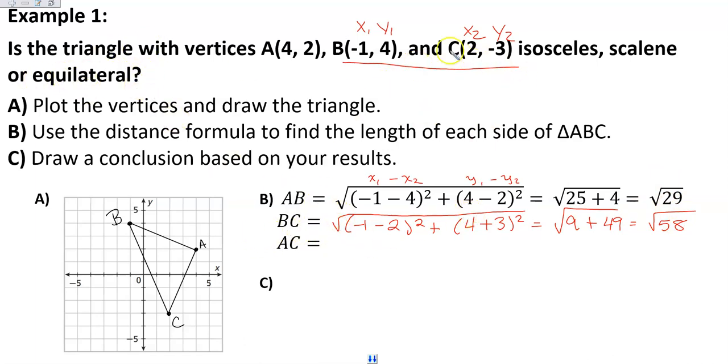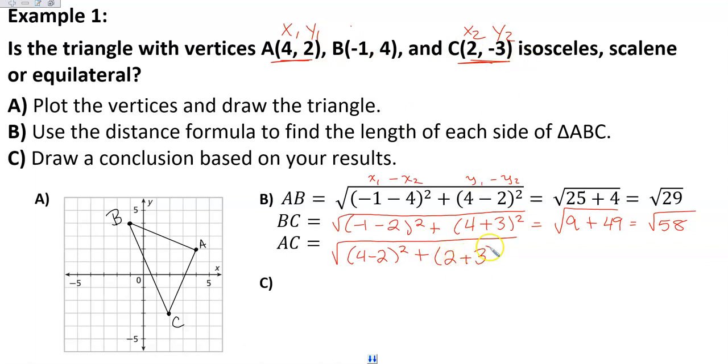All right, so then we're going to look at AC. We'll just use this one as x1 and y1 here, and we're looking here and here. So again, it's going to be the square root, and then I'm going to do x1 minus x2. So 4 minus 2 quantity squared. And then we're going to do the y's, 2 minus a -3 quantity squared.